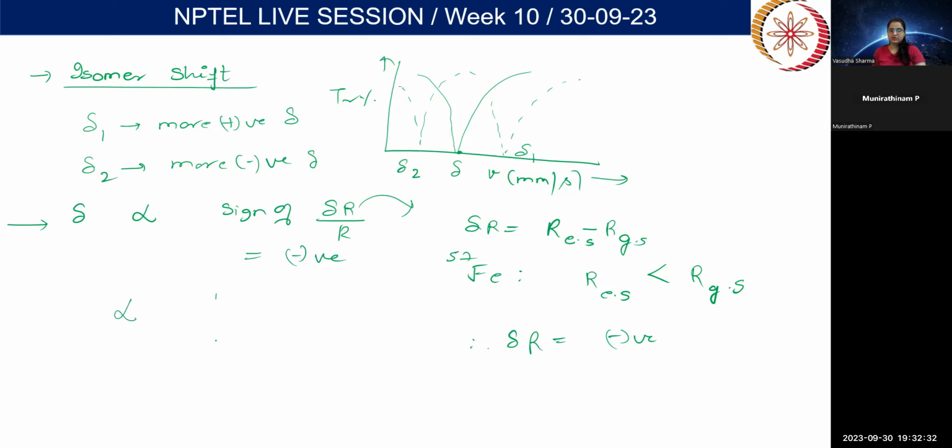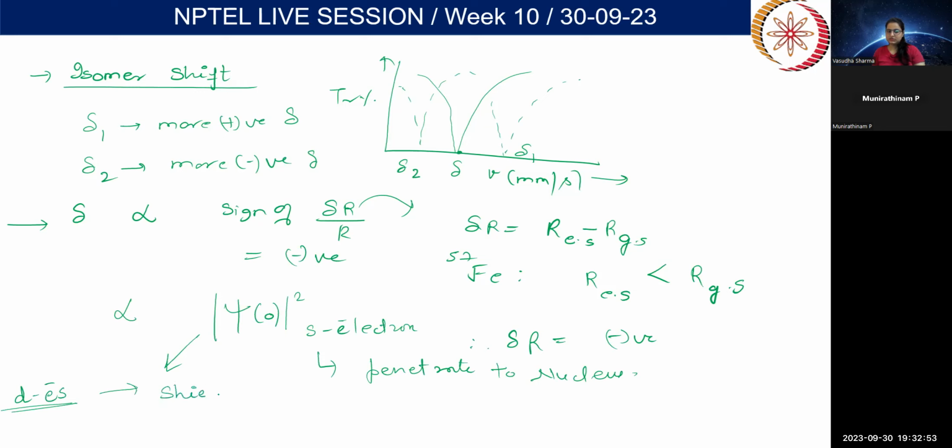And it is also dependent on the s electron density, which is going to penetrate into the nucleus. And this factor is dependent on the amount of d electrons, or we call it the shielding effect. Say, for example, if I have a nucleus over here, with s electrons outside and d electrons here, they will try to shield the s electrons from the nucleus.